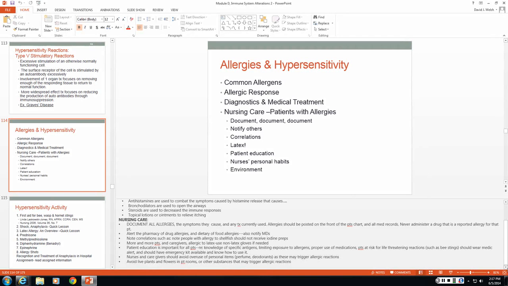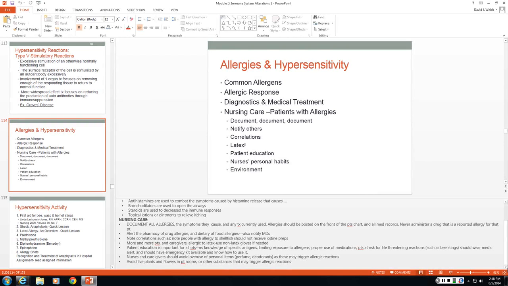Some people will tell you they're allergic to a certain drug. They could tell you they're allergic to codeine, but they're not really allergic to it. They just don't like the way it makes them feel. Might make them feel on edge or something like that. That's not really an allergic reaction.